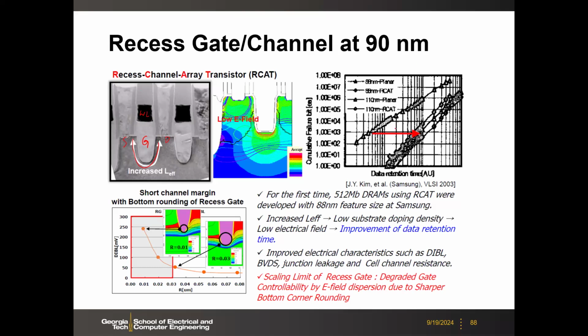This was introduced at the 90 nanometer node almost 20 years ago. So then the data retention time improved because the off current is reduced. Here, this is from this paper, VLSI 2003. And then this is the distribution of the retention time. And you see that by introducing this technique, we can improve the retention time.